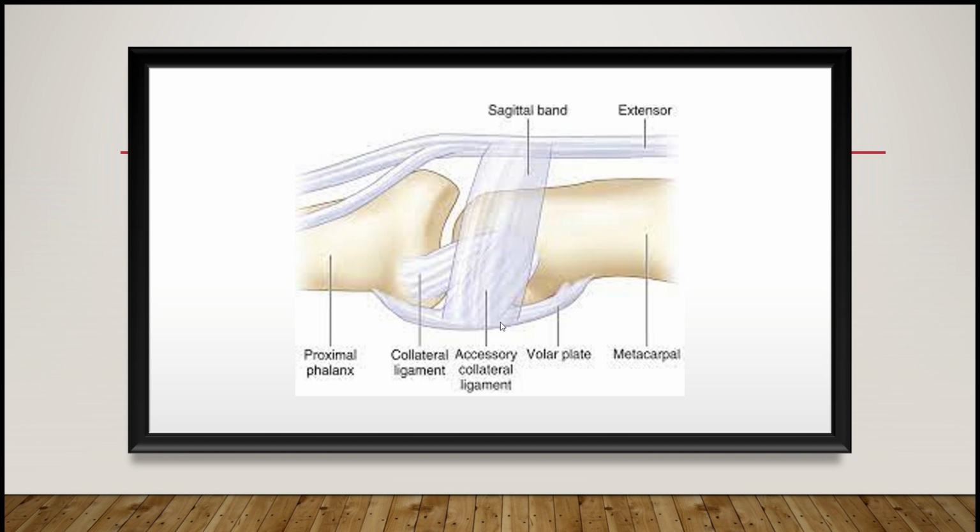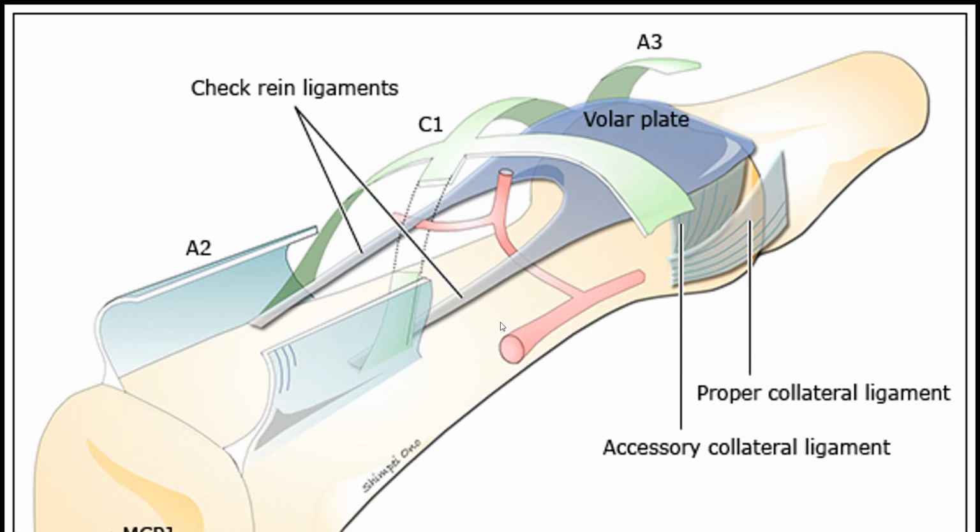Finally, we have the Grayson ligament. Now, some books like Netter and others insist that they are pathological structures that are not present in the normal hand. Other places say that they are present, but they might have a pathology.